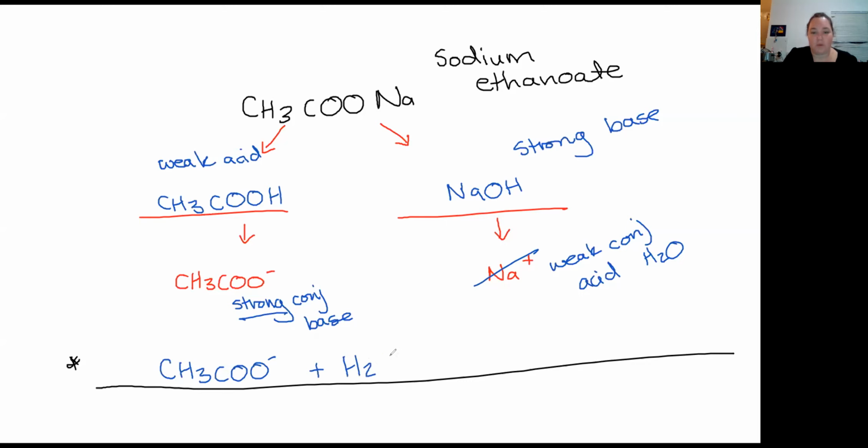So when it reacts with the water, it picks up the proton, which gives us CH3COOH. Because it picked up the proton, the water is left without a proton, which is OH-. Okay, and we can therefore see that if they asked us about sodium ethanoate, it is a basic salt.